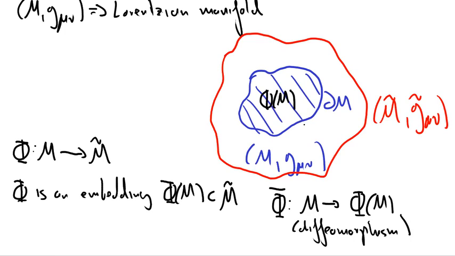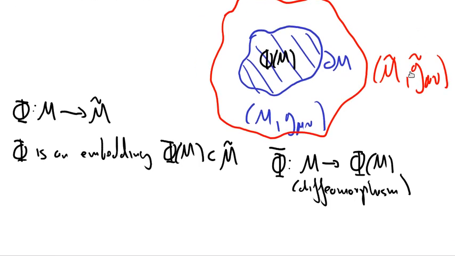But since we are working with Lorentzian manifolds, we know that Lorentzian manifolds have something attached to them which is called the causal structure, which is defined by the fact that we have a Lorentzian metric g mu nu. So we are interested in an embedding such that this causal structure is preserved in some way. And how do we get that? Well, we get that if we demand in addition that this map is a conformal map.